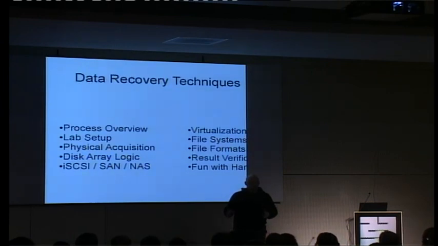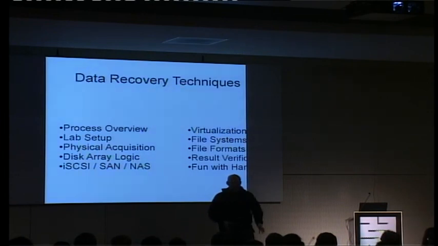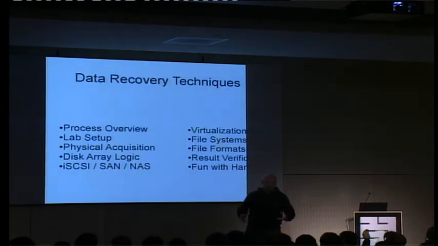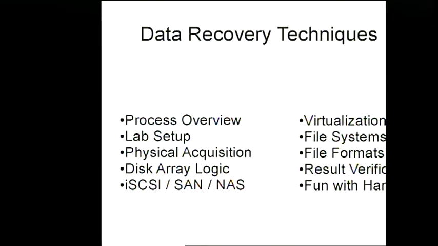An iSCSI target is practically a file on another machine, and it represents itself to the iSCSI initiator as if it's a disk, but in fact it's not. It's a file that can even be fragmented on some other server somewhere, or on a SAN or NAS or whatever.